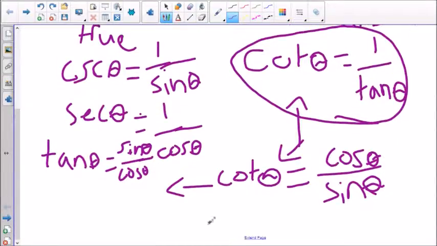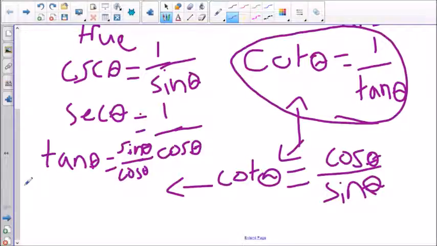That is how you do the reciprocal and ratio identities. There are tons of identities, which I'll show at the end because I don't want to get to all of them. It'll be too long of a video.